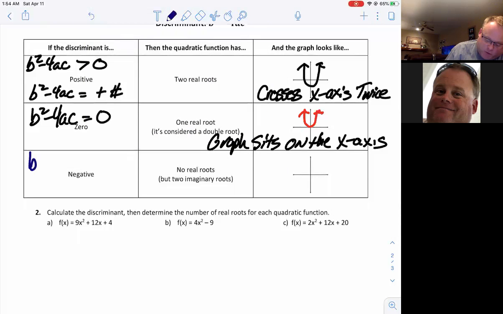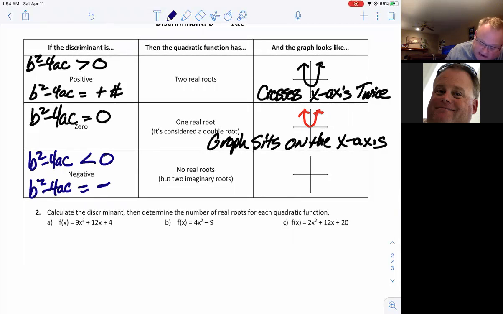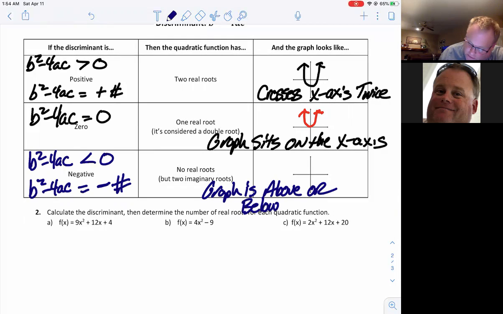Now, if my b squared minus 4ac, the value underneath the radical, is less than 0, which means b squared minus 4ac is equal to a negative number, then I'm going to have no real roots, none. So the graph is above or below the x-axis.